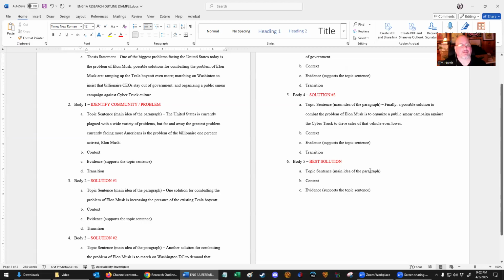The last thing we need is a topic sentence for the best solution. And I want to talk actually. I'm going to stop my screen share for a second. So, what is the best solution? And let's literally talk about the 3 solutions that I've just proposed, because it's as good an example as any other.